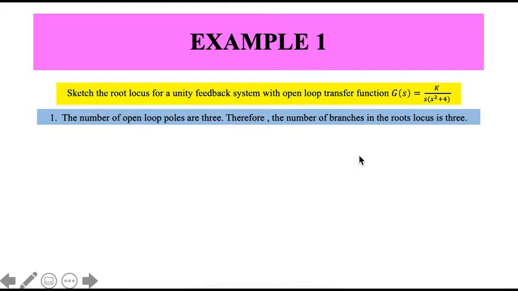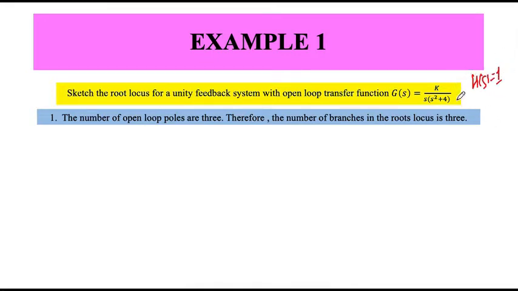So let's see how it looks in terms of a small example. Take G(s) equals k by s (s square plus 4). So there are three poles of the system. Again H(s) is assumed to be 1.